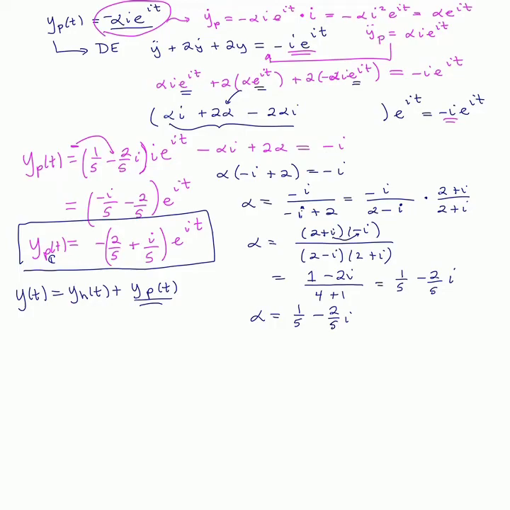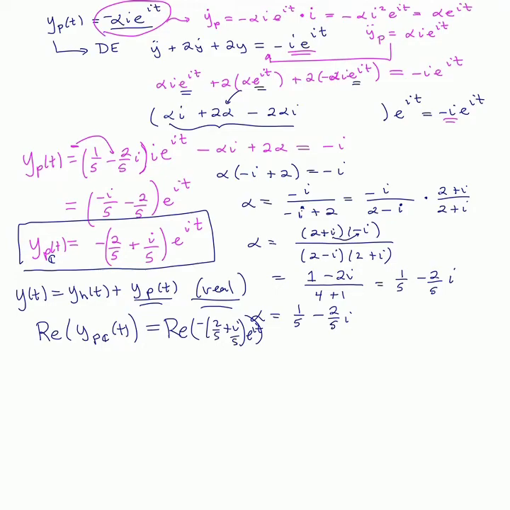So if we want to find the real solution to the differential equation, we need to take the real part of our complexified particular solution, the real part of negative 2/5 plus i over 5 e to the it.